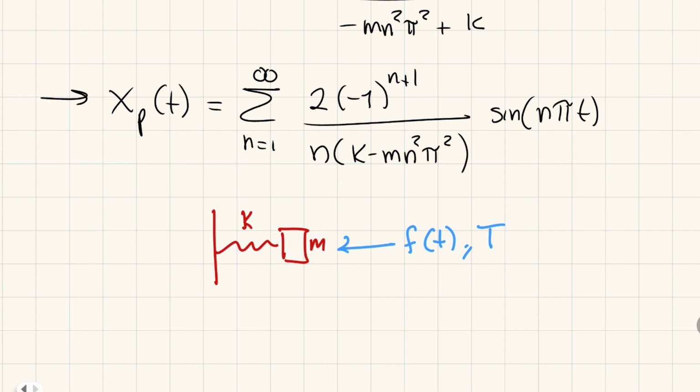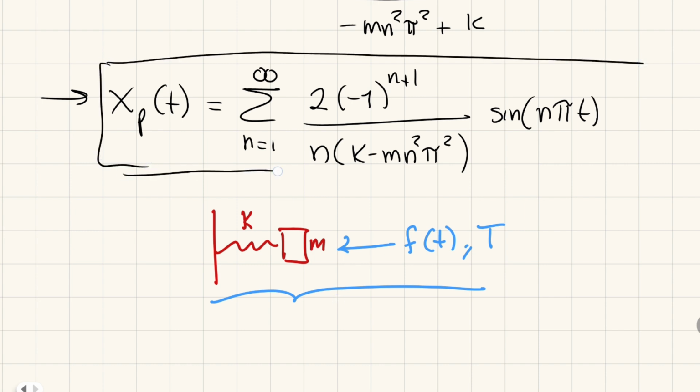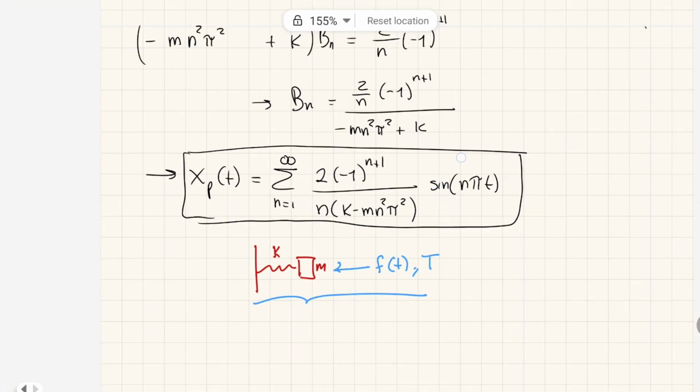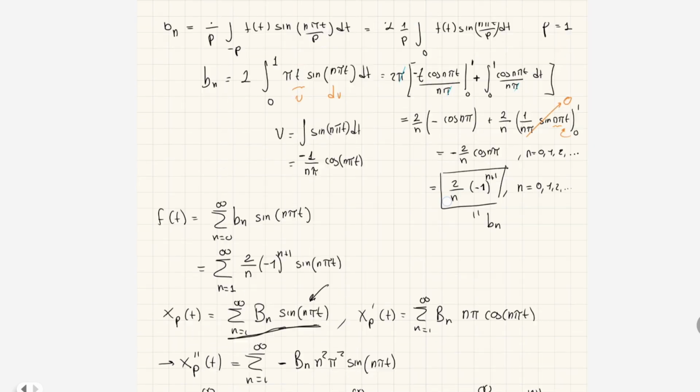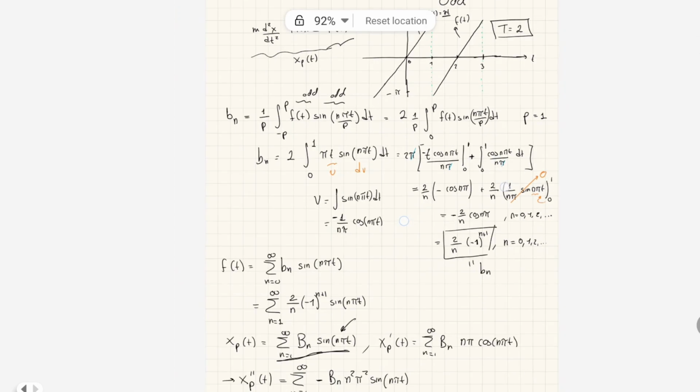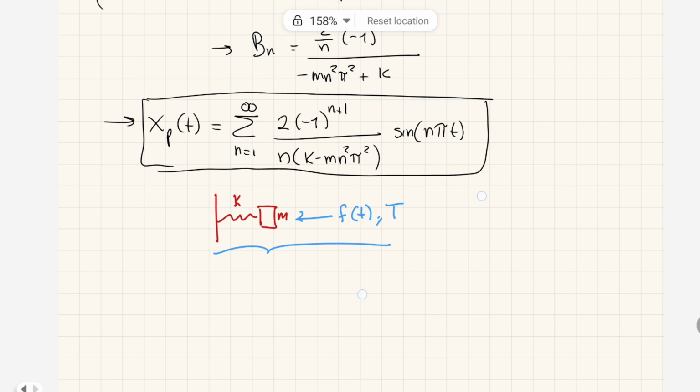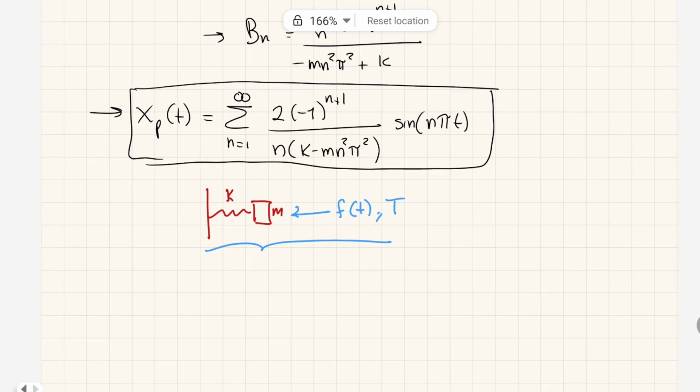So the solution of the differential equation that describes this motion is given by this Fourier series of x. This is a particular solution of this problem, and a very intuitive way to explain how to solve differential equations through the Fourier series and Fourier analysis.